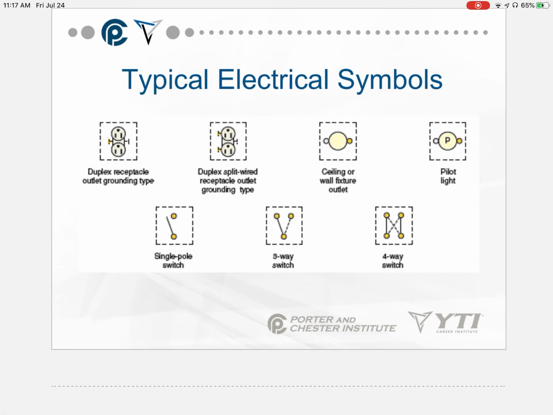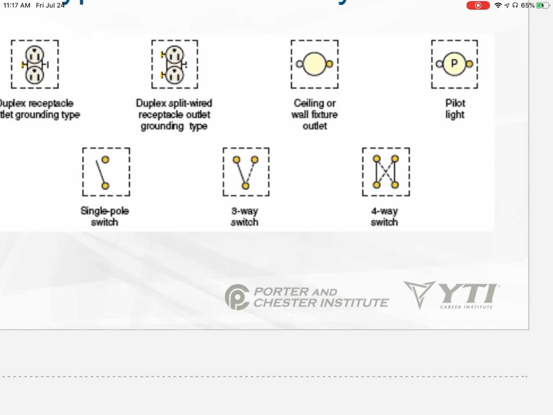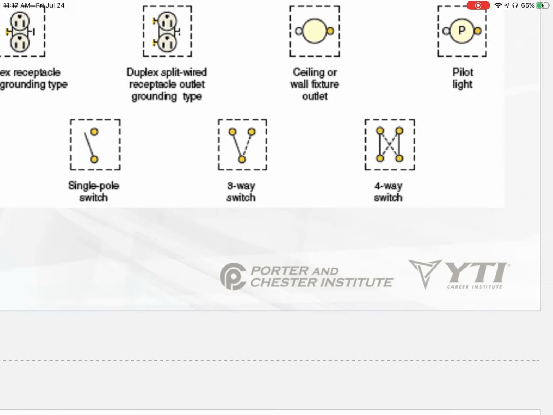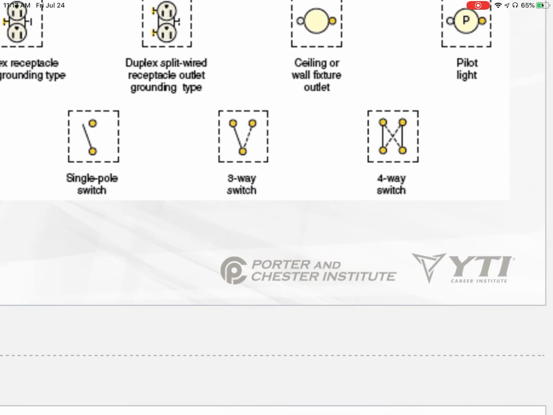That's your hot. So moving back to the left bottom, you have your single pole switch symbol, standard symbol for a single pole switch. And then in the middle, you have the three-way switch. You see you have the common terminal on the bottom, and then the two upper terminals are your travelers, and you basically toggle between.